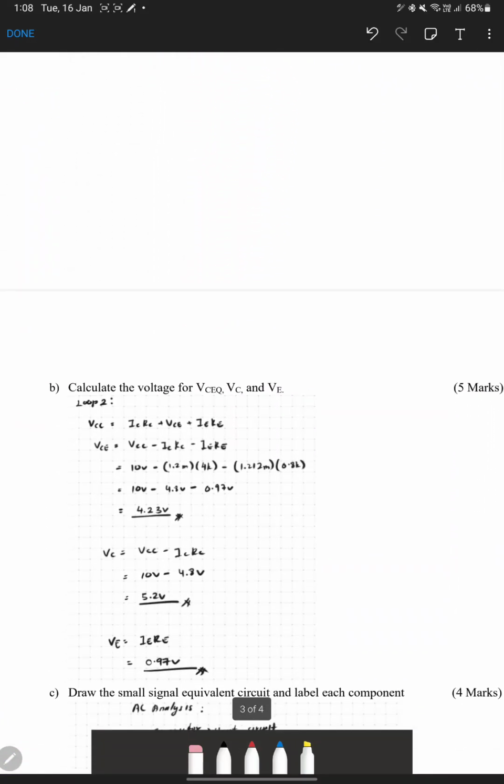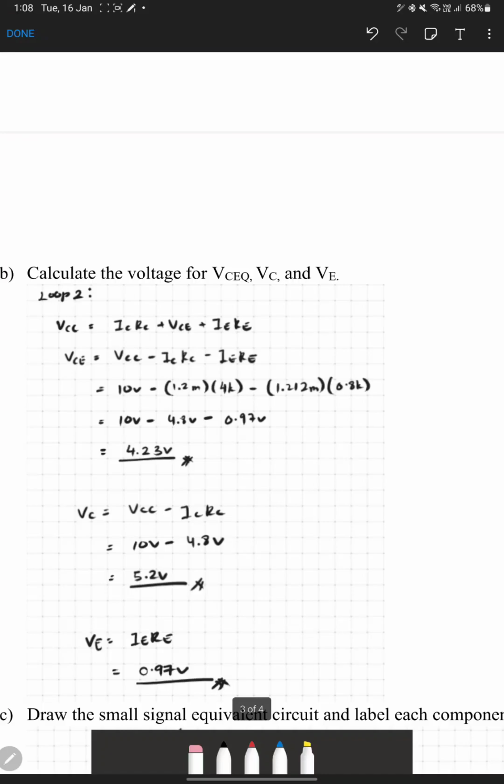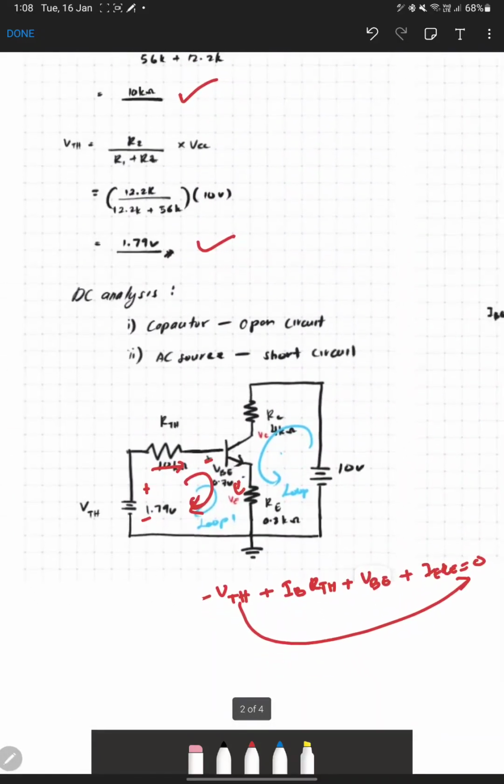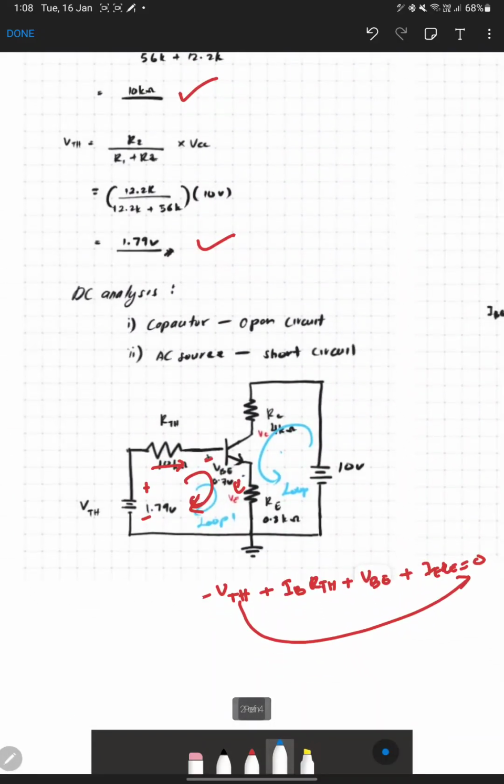Now we go to the second question. The second question asks us to find VCE, VC, then VE. To find VCE, we need to run the second loop. The second loop says the current flows anti-clockwise, because the arrow of the transistor goes out, so we need to follow the direction of our transistor.